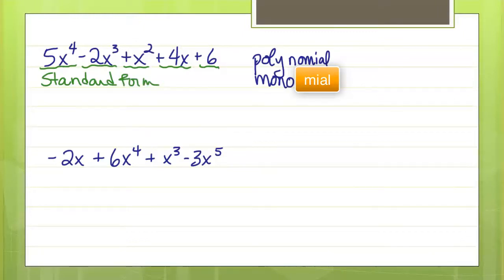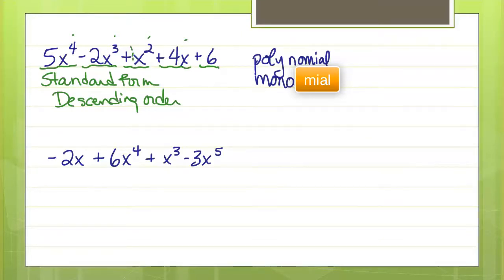Standard form is in descending order of the exponents. The exponents here go from the biggest number, smaller, smaller, smaller, and then the last one is just a constant. Each of the rest of them have a coefficient, or in this case the coefficient is 1.